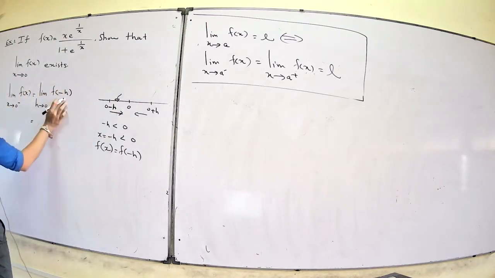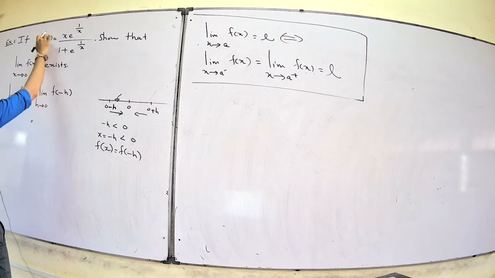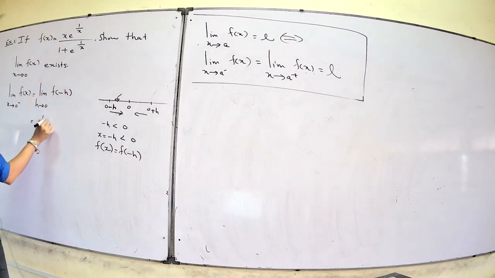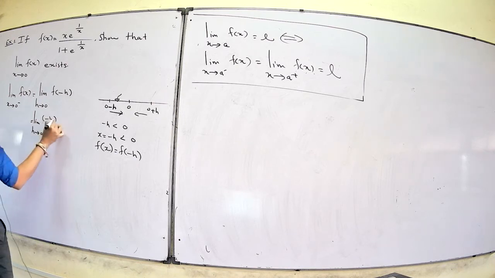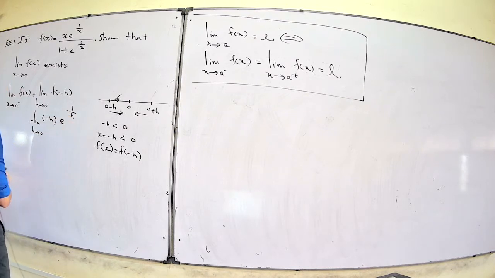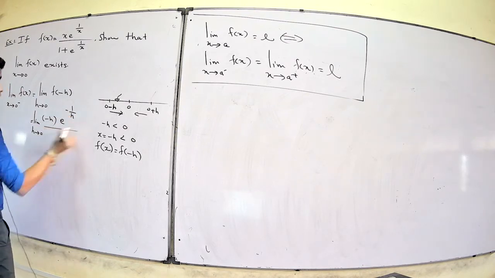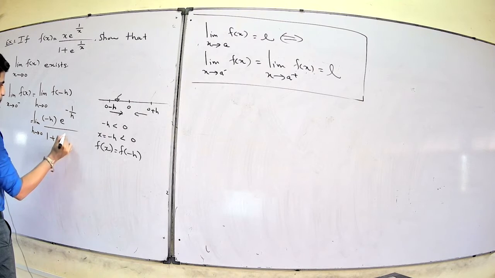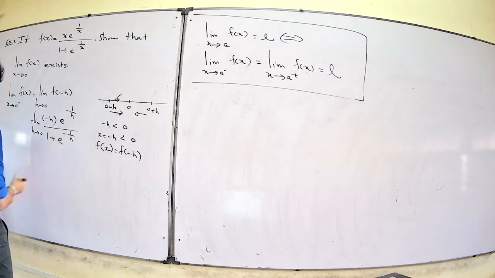Therefore f of minus h means you apply this formula, putting x equal to minus h. Then you have the limit as h tends to 0 of minus h e power minus 1 over h over 1 plus e power minus 1 over h.